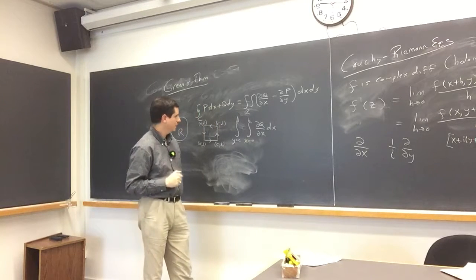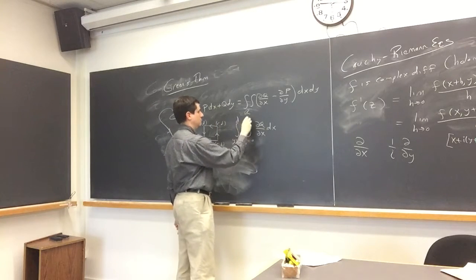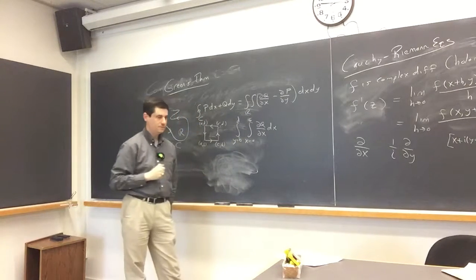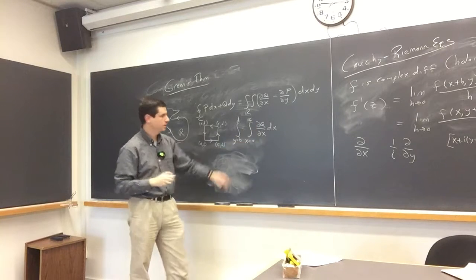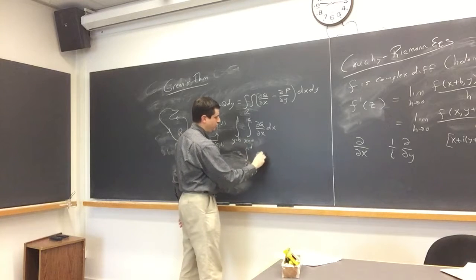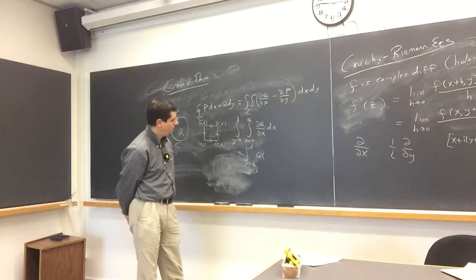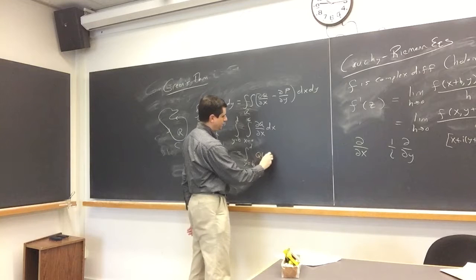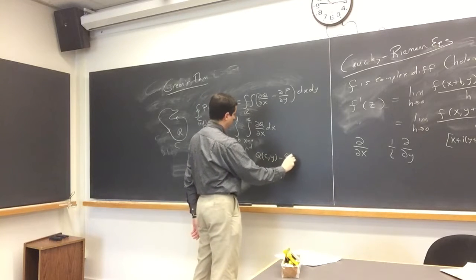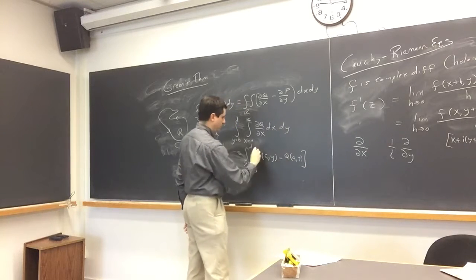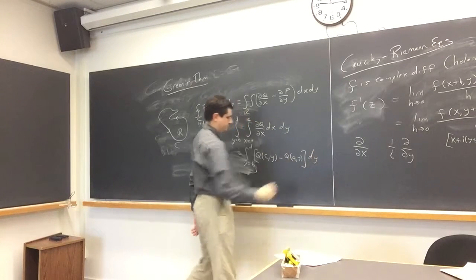So x goes from A to C, and then y would be going from B to D. And now when I integrate this Q, this is going to be the integral, y goes from B to D, of Q(C,y) minus Q(A,y) dy.